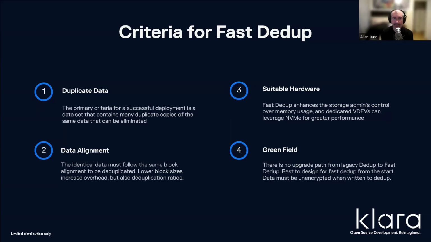Yeah, and so one of the biggest things, especially the VM case that Kris just mentioned, is alignment. If you're creating a bunch of VMs, even if they're going to have the same files inside, you have to make sure that the file system inside the VM is tuned to start files on a boundary that is going to match with what ZFS is doing in the background underneath the VM, so that the beginning of the file in VM A and the beginning of the same file in VM B start on a record boundary in ZFS, because then it will notice, hey, these two are the same.